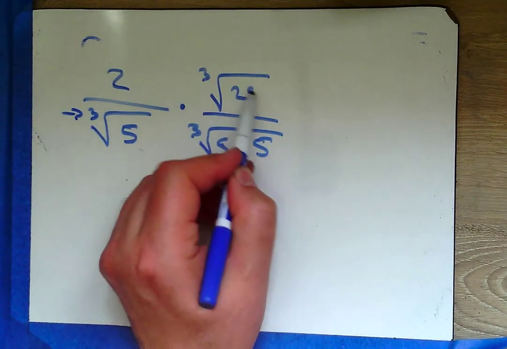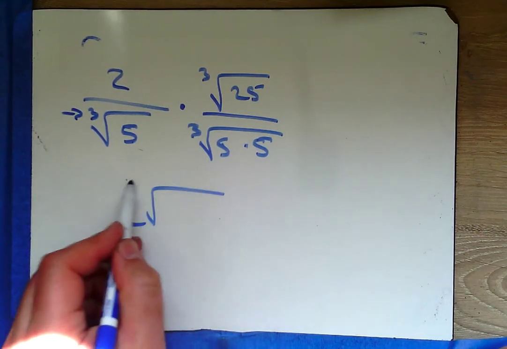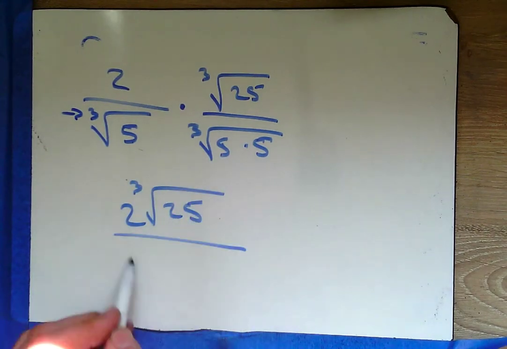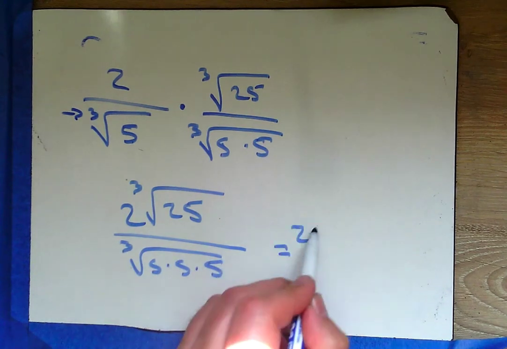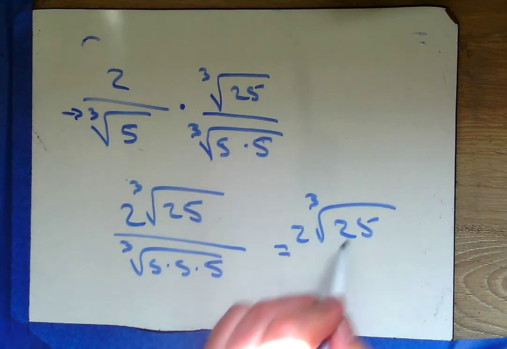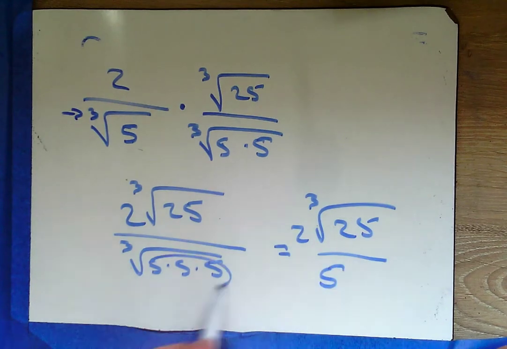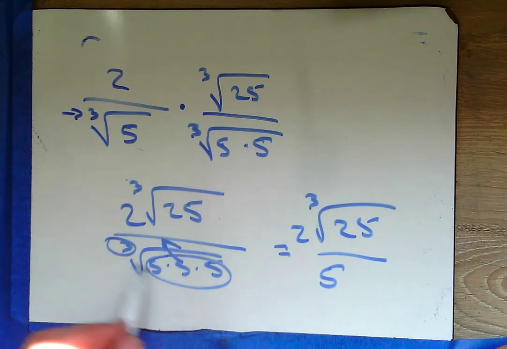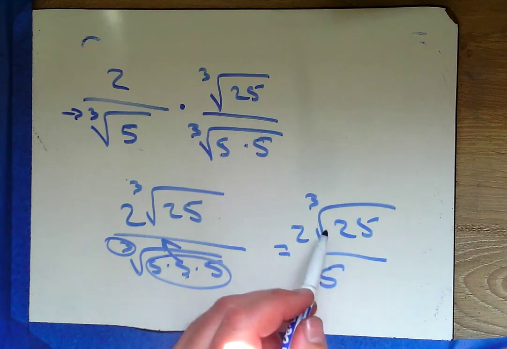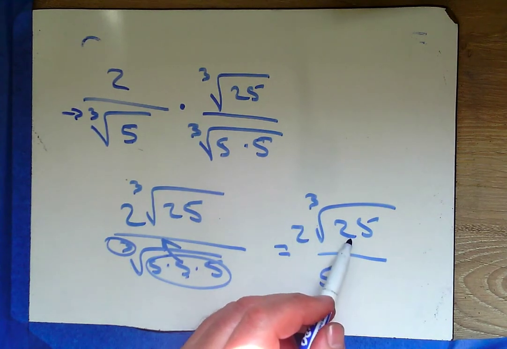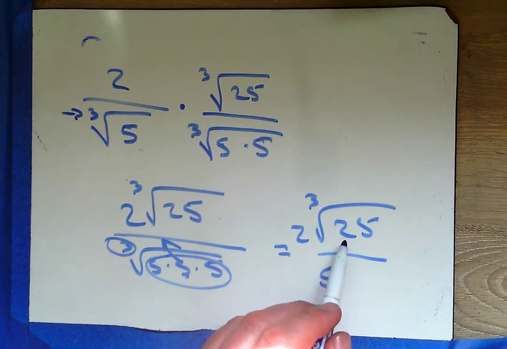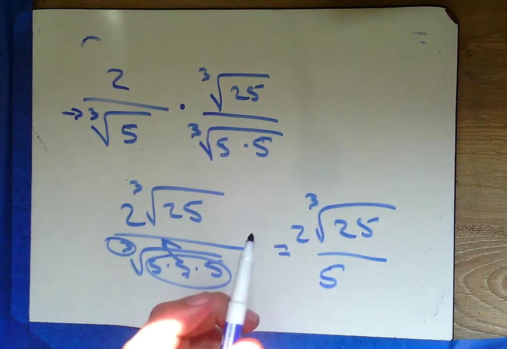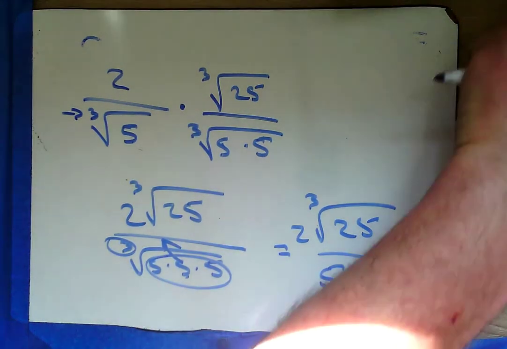So this is the cube root of 25. 2 cube root 25 over cube root 5 times 5 times 5, or 2 cube root 25 over 5, right? I've got 3 of them. I need 3 to get 1 out. There they are. But that's a 3. And so even though I'm tempted to say, oh, square root of 25 is 5, that's cube root of 25, which is not 5. Can't take 3 5s out of that, so I'm stuck. Okay, that's as far as I can go.